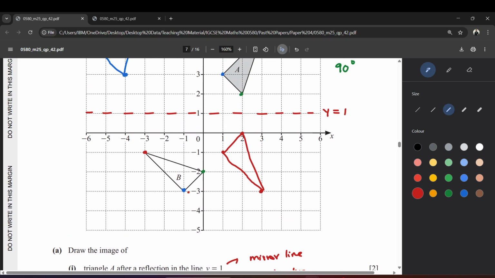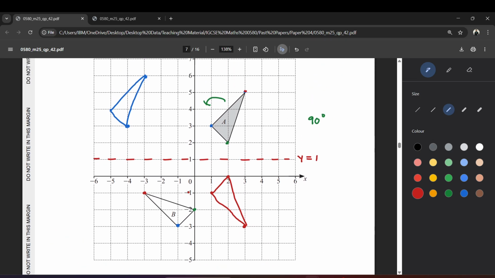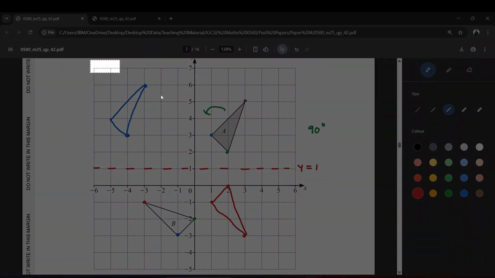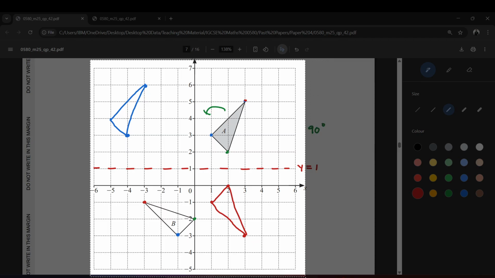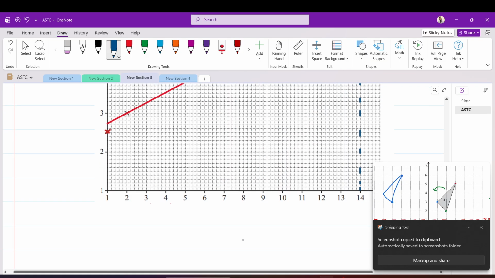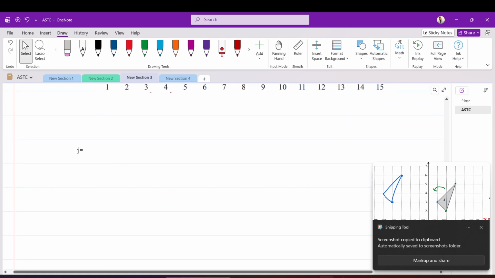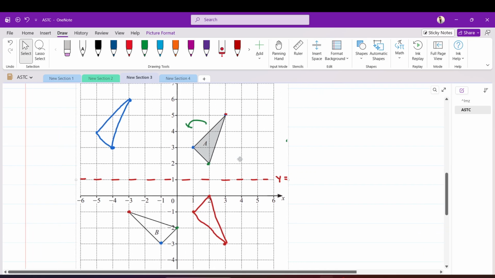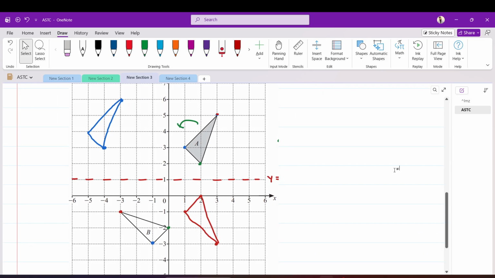Now there are two ways that you can do this. Let me first copy this down. One of the methods requires you to use tracing paper. That is a much easier method.